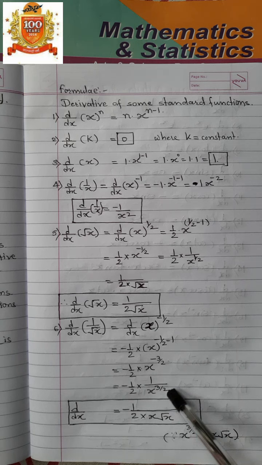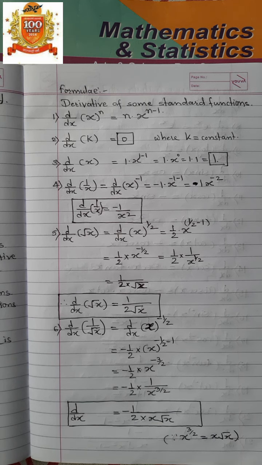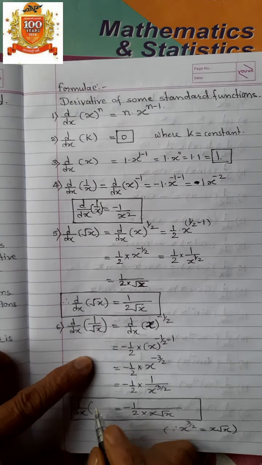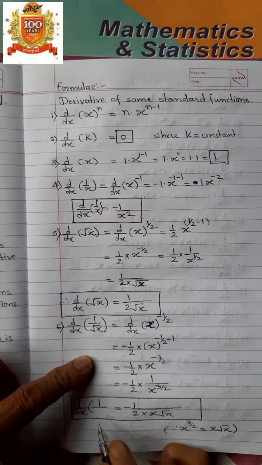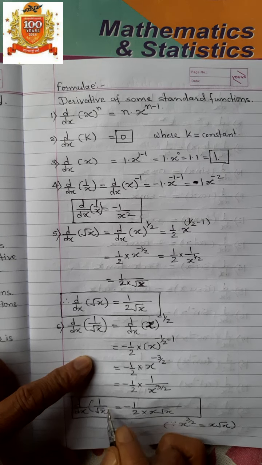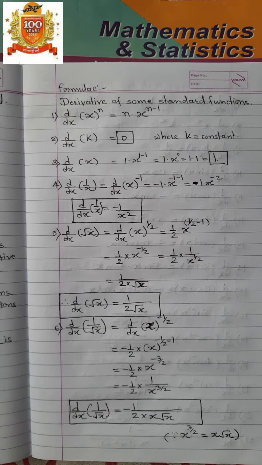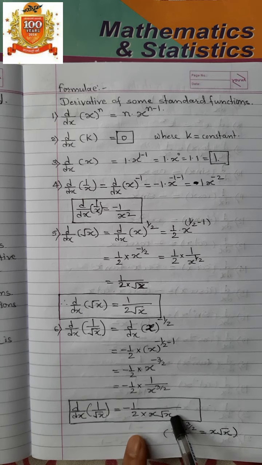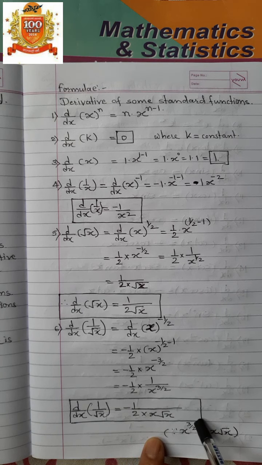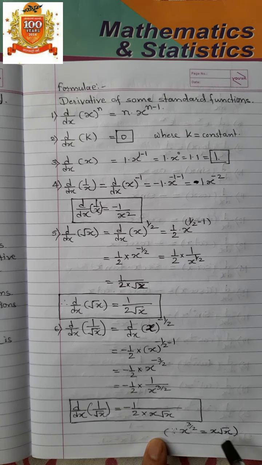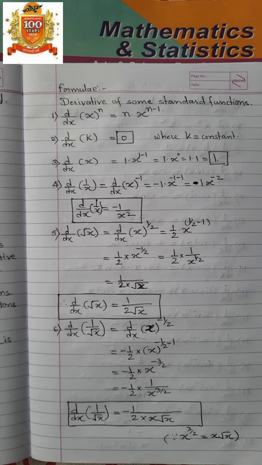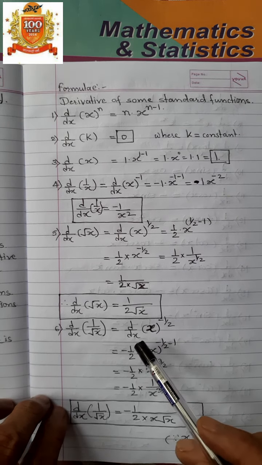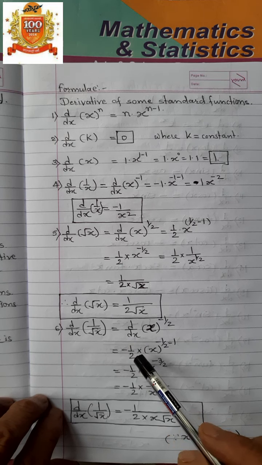We make index positive, which is equal to d/dx of 1 upon root x. The answer is minus 1 upon 2x root x, because x raised to power 3 by 2 is nothing but x root x. In this way, we observe 6 formulas here.